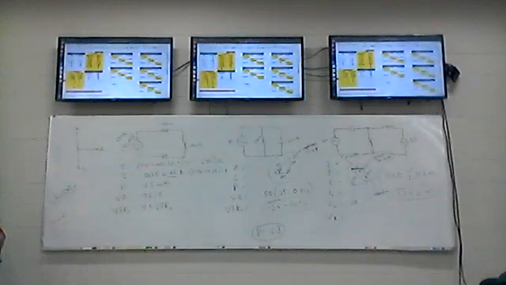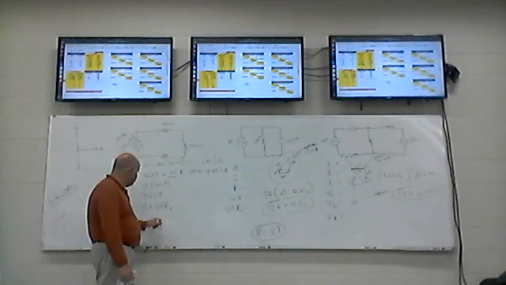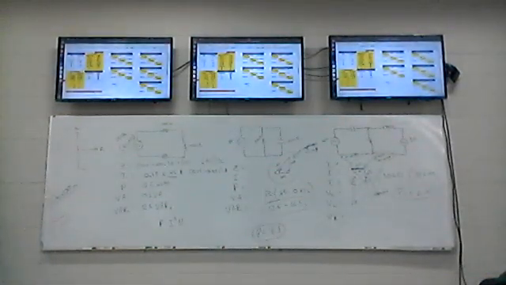Now, could I have come up with power the other way, using the I squared R formula, or V squared over R? Could I have done that? Power is I squared R. I said in AC, we can't really square.